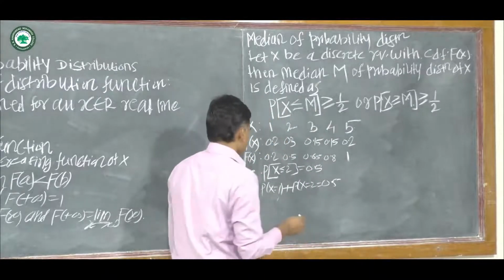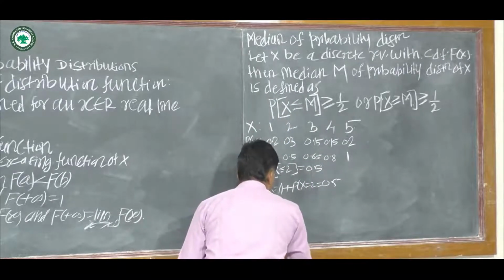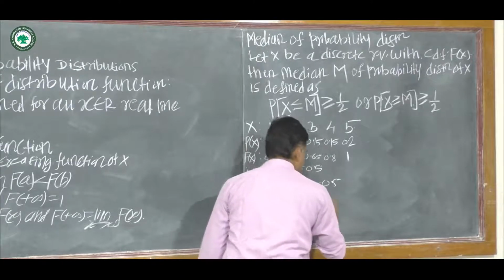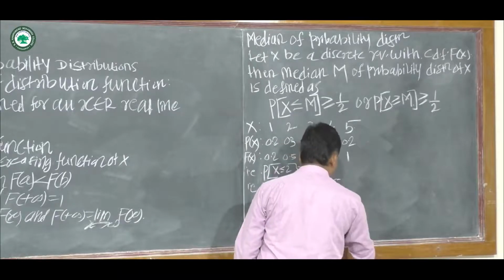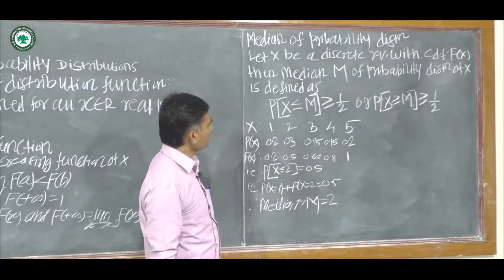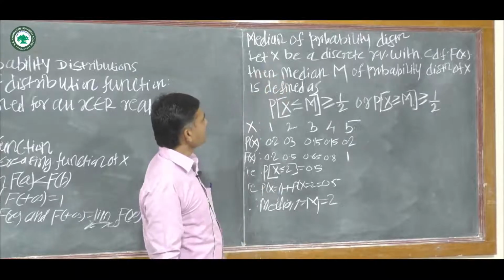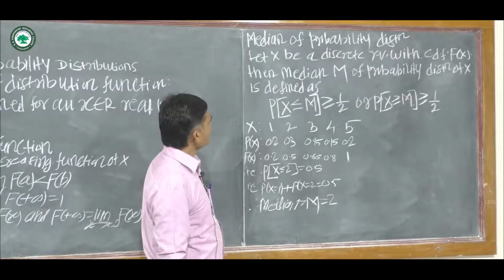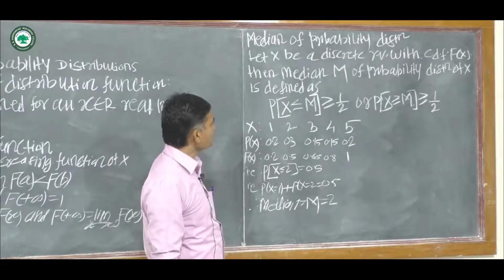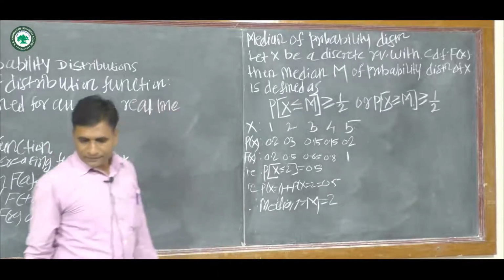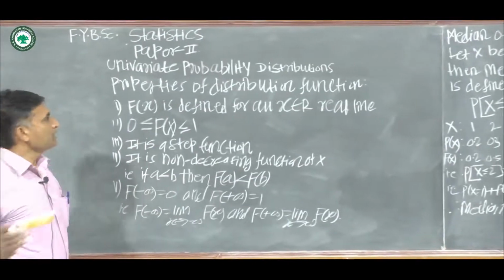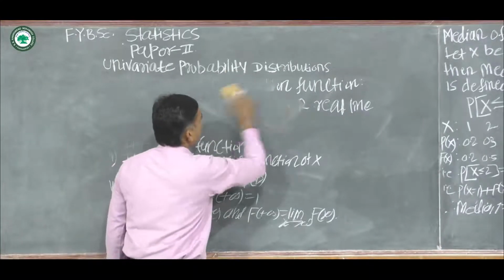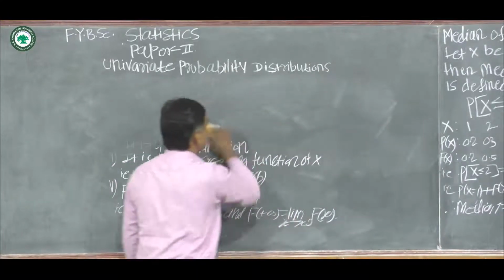Therefore, median m is equal to 2. In this way we can obtain the median of a given probability distribution. Then the mode of the probability distribution: we have to find the mode value.